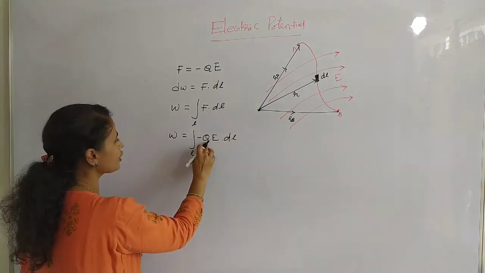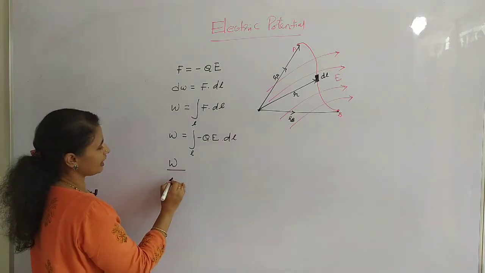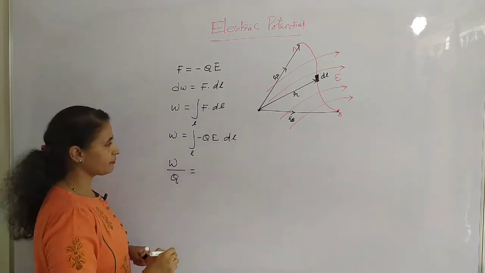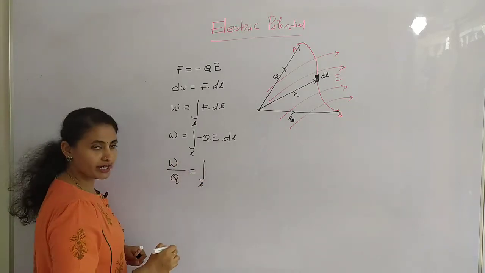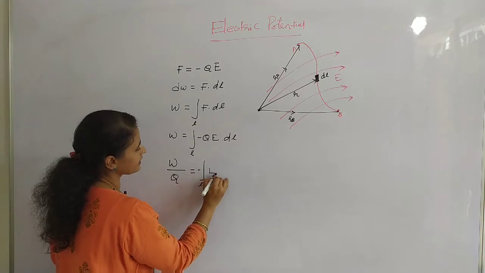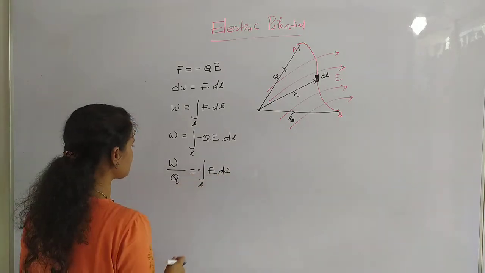Let us bring this Q to this side. The potential energy per charge, our work done per charge, is given by the line integral of minus E into dl, electric field into differential length.